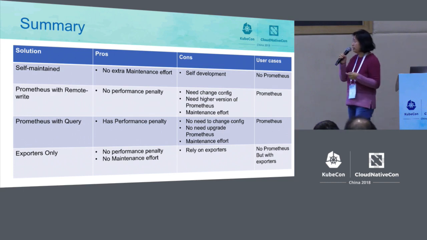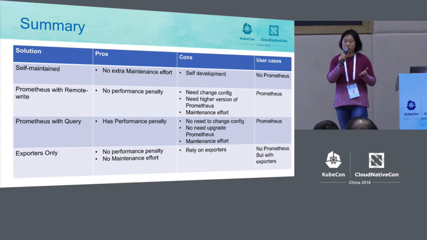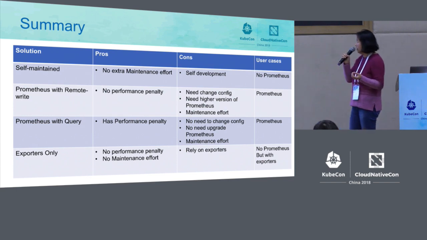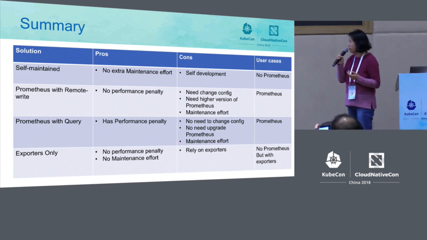But if you need to change the configuration, then this does not work for you. But its pro is this is transparent and no extra resources are needed, and no need for the upgrade or update. So no need for maintenance effort.